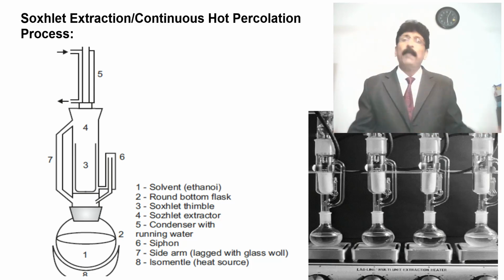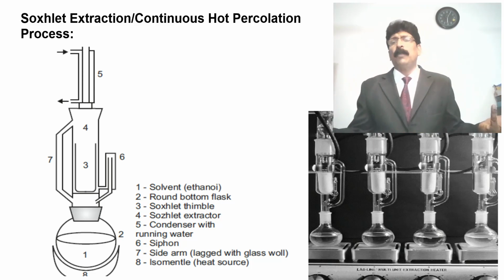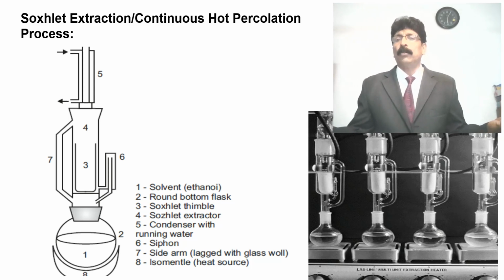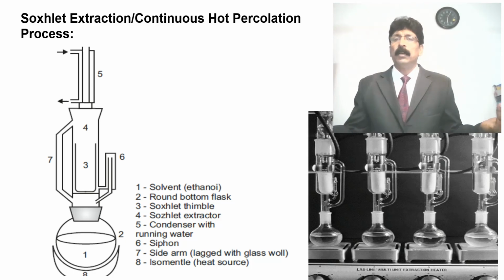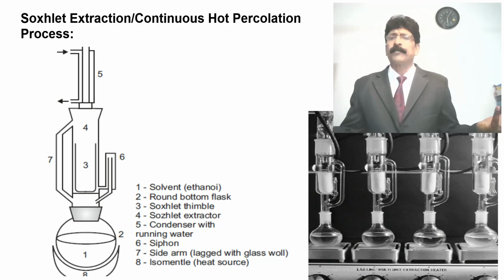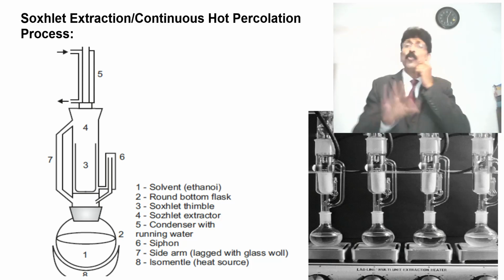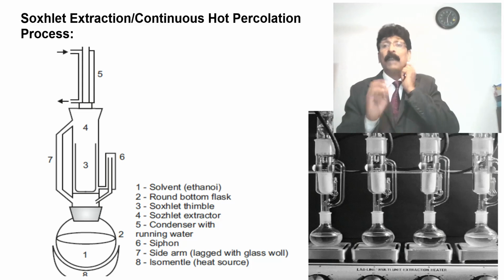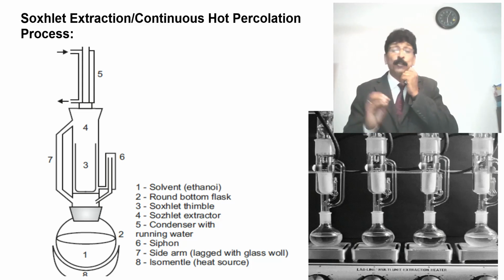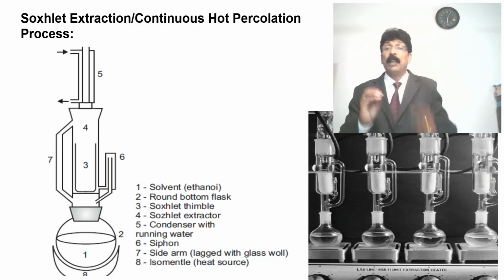The solvent may be any selected solvent, maybe ethanol, maybe methanol, or you can go for low polar solvents like chloroform, or petroleum ether, or even methyl acetate, whichever is comfortable for your active principle to be solubilized by the hot continuous percolation method.